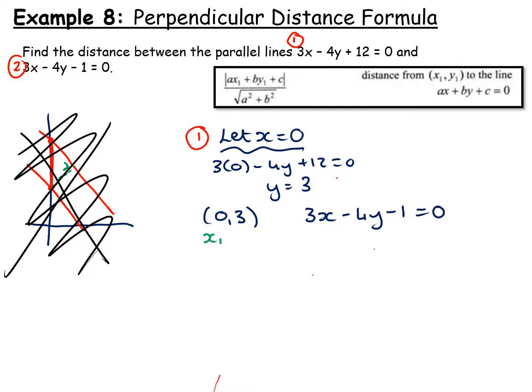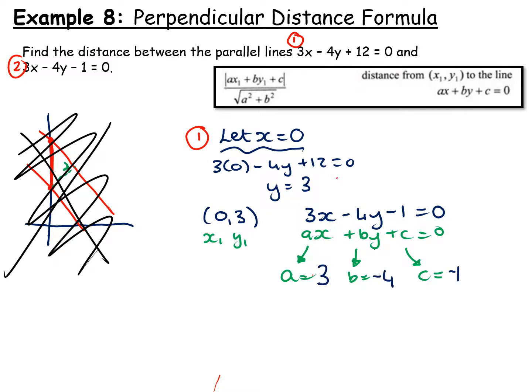So here I have x1, y1, and ax plus by plus c equals 0. In this case, a equals 3, b equals minus 4, c equals minus 1.